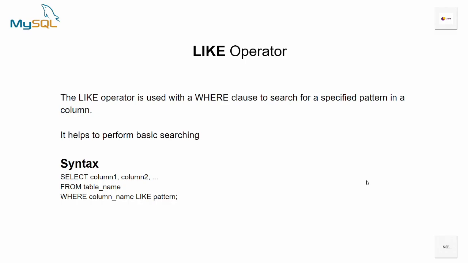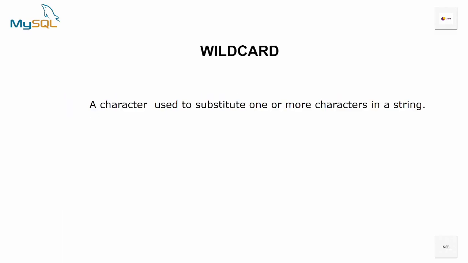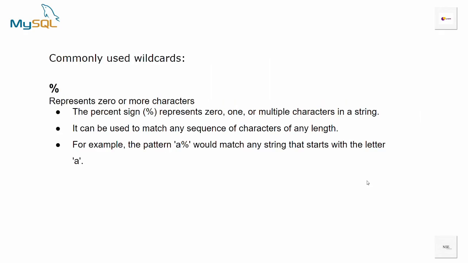Now, while working with the LIKE operator, you would introduce some wildcards. A wildcard is simply a character used to substitute one or more characters in a string. Commonly used wildcards with the LIKE operator are the % sign. The % sign is used to represent 0 or more characters.